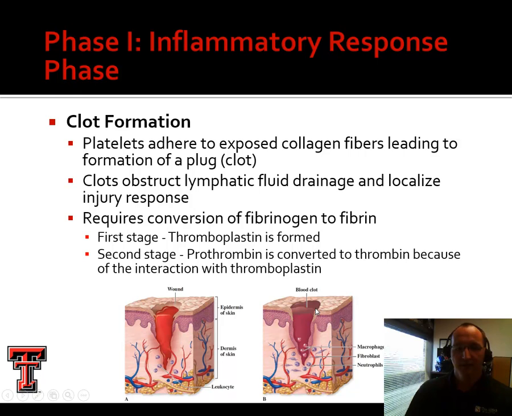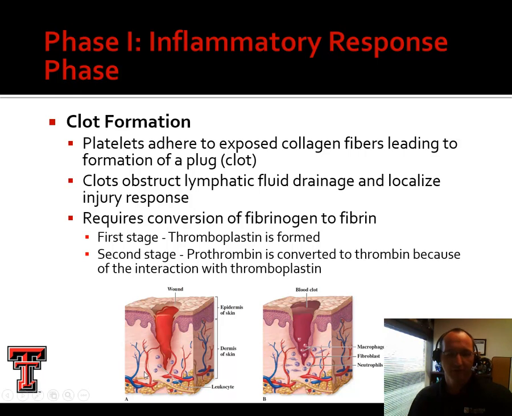Obviously, we know that is pretty tenuous. It could easily be disturbed. The clot obstructs the lymphatic fluid drainage, and it helps localize the injury response just to the immediate vicinity. Okay, now this fibrinogen has to be converted to fibrin in order for this blood clot to take a more permanent, a little bit more durable form.